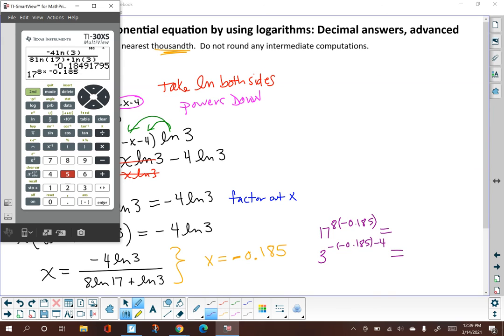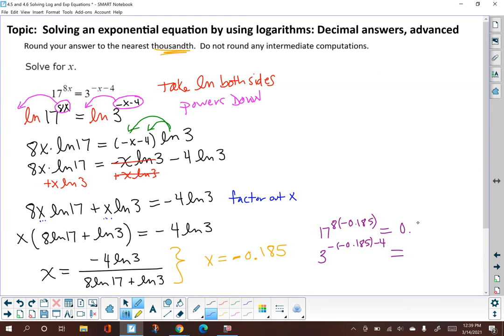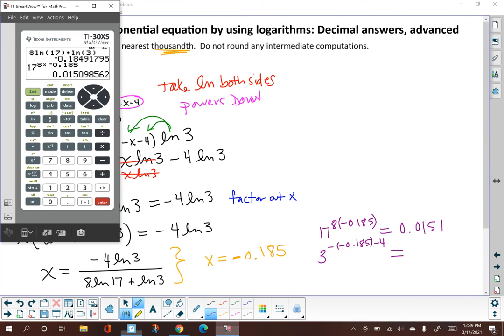So 17 raised to the power 8 times negative 0.185 gives me 0.0151. Okay, and now if I evaluate the other side of the equation, that's 3 to the power negative 0.185, subtract 4.